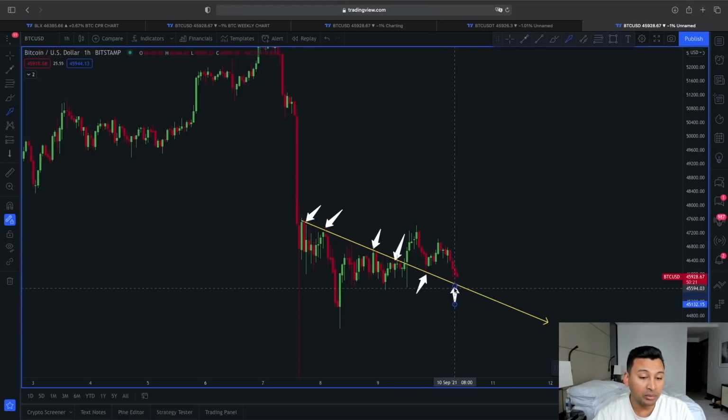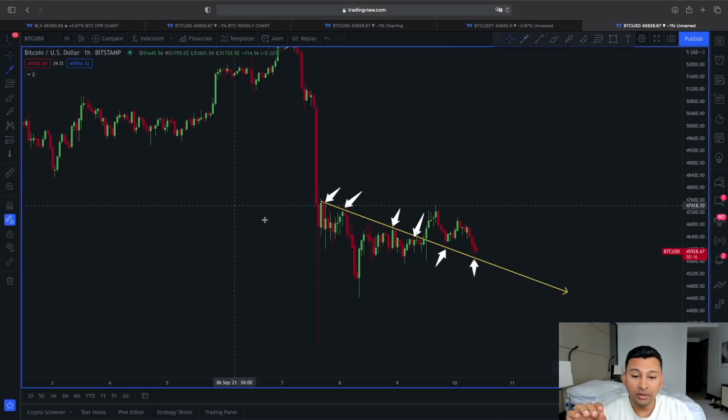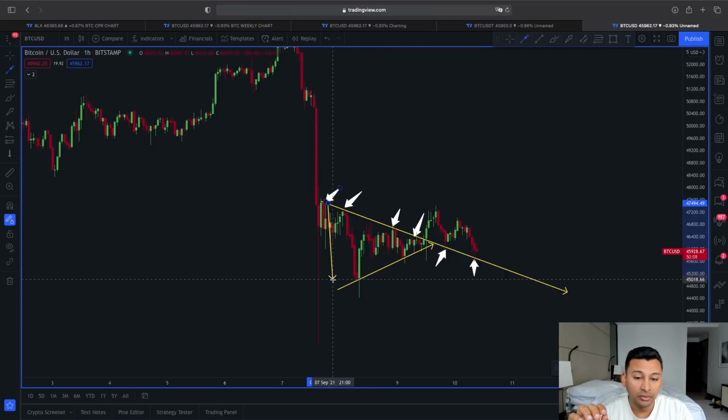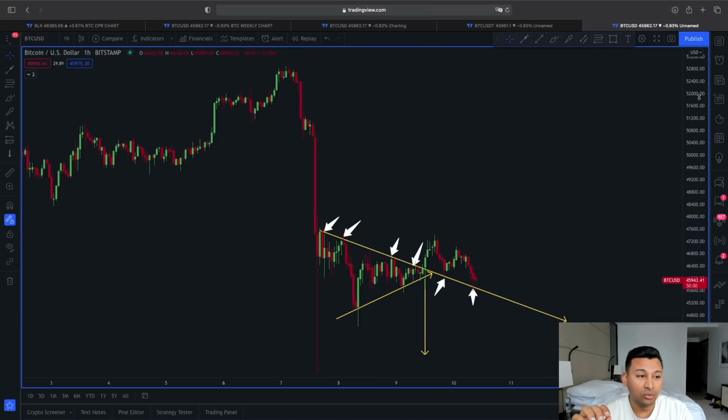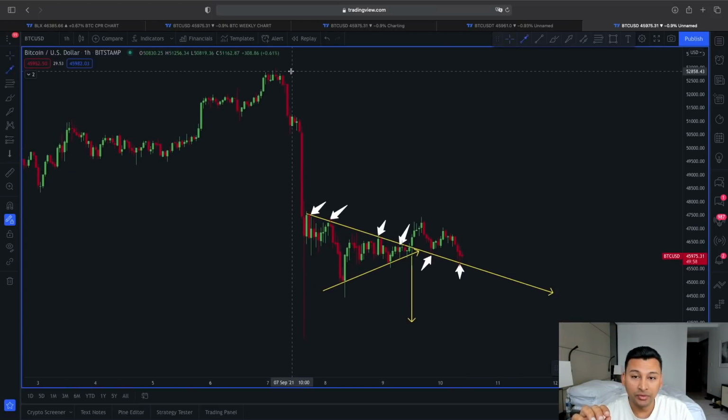But if we also break below this falling trend line, then our focus is going to be all around this price range. I think I showed you in my yesterday's video, somewhere around 43,000 first, and the one with the symmetrical triangle from where it started breaking to the downside.